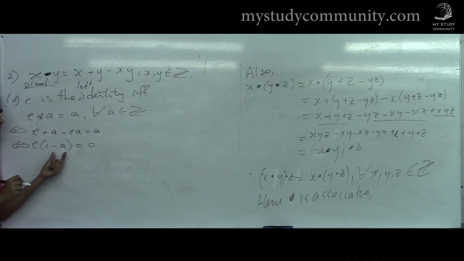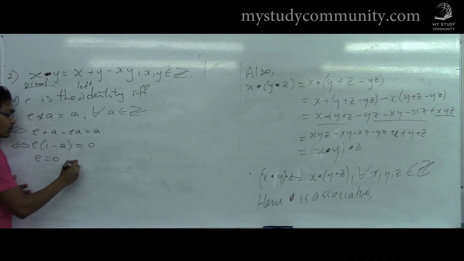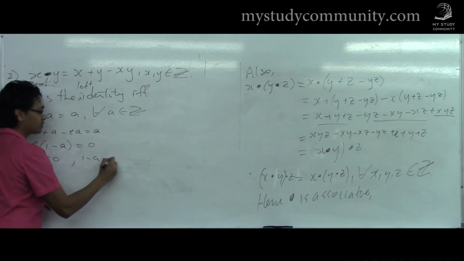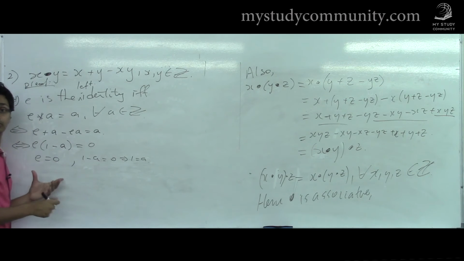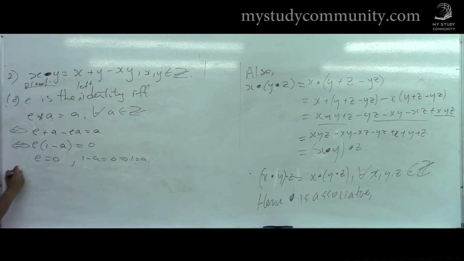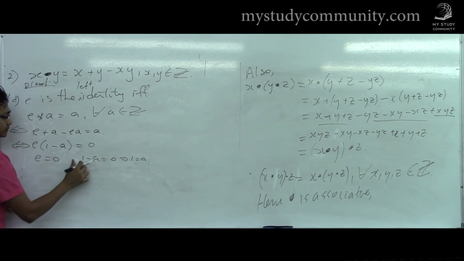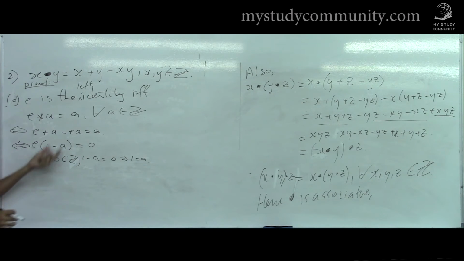Now look at this. Somebody could say, from this we get E equals 0, which is correct, or we get 1 - A = 0, which implies that A equals 1. Both are correct, right? But I'm not concerned about A, I just want E. You all follow? So we know that 0 is in Z, so the identity is in my set.